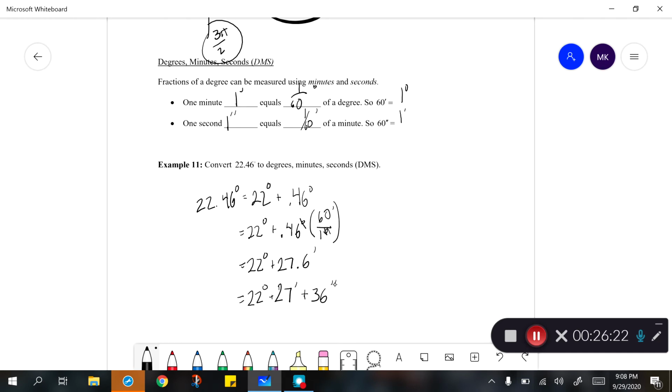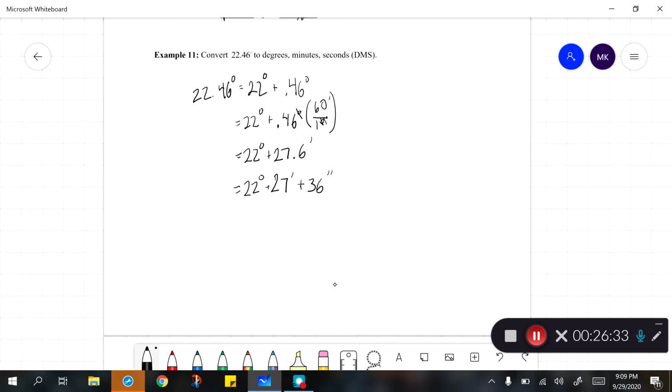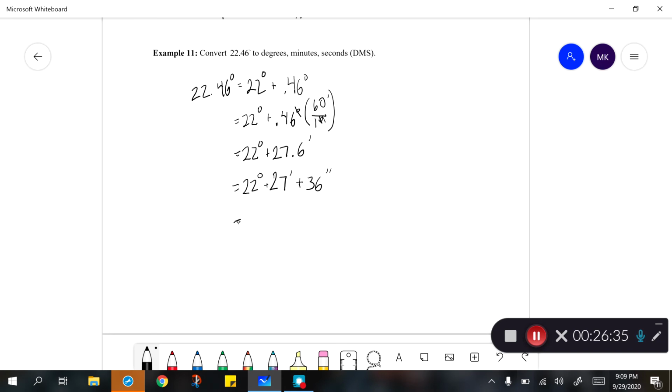If you take 0.6 times 60, you get 36. So the final notation we use is 22 degrees, 27 minutes, 36 seconds.